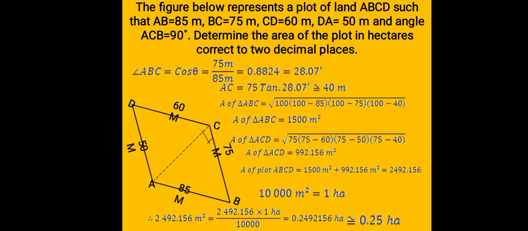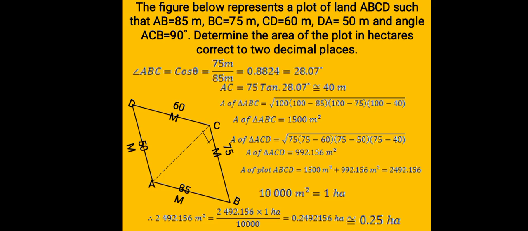Now, having gotten the length LC, it means we have the length of every dimension in that triangle. Now, having all the lengths, we can now use the Hero's rule to get the area of the triangle ABC and ACD.